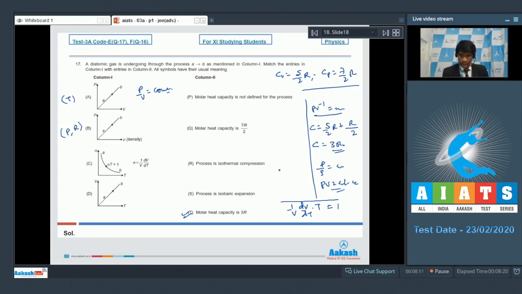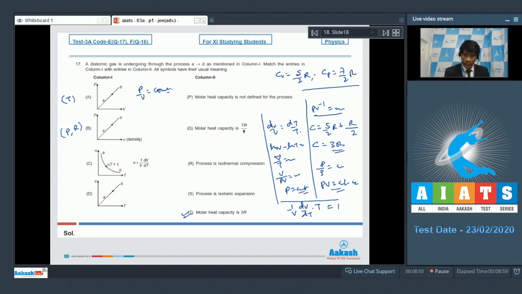For this equation, dV by V would be equal to dT by T, or writing these two parts on one side, it is ln V minus ln T is equal to constant, or V divided by T is equal to constant. Writing T in terms of pressure and volume, V divided by PV is equal to constant, or actually P is equal to constant. So this process is the representation of an isobaric process.